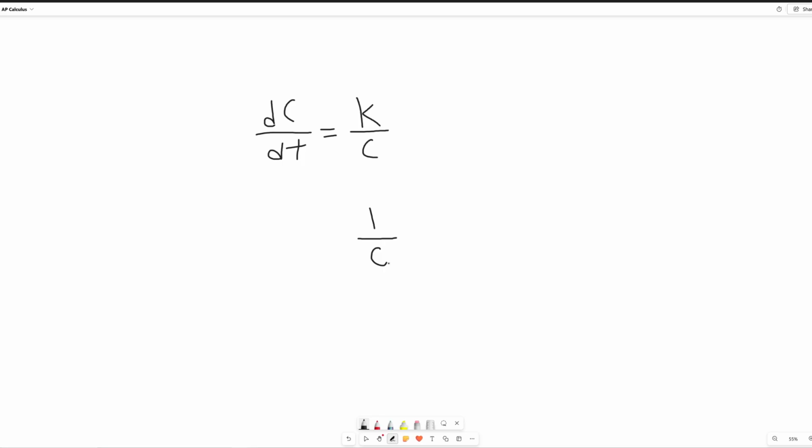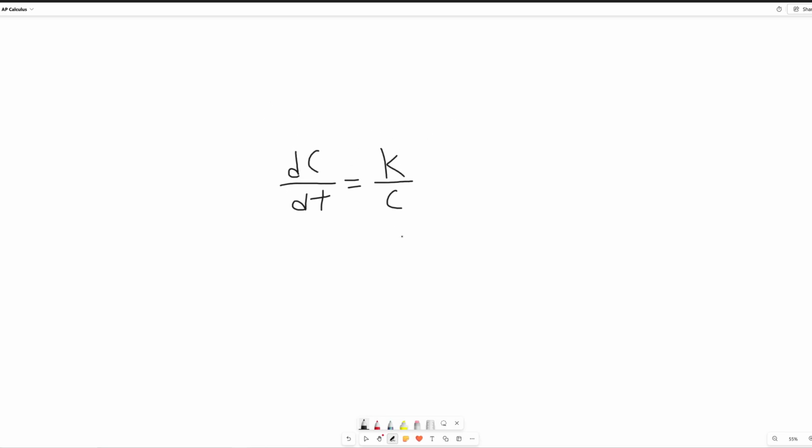So if you had it inversely proportional, you put your proportionality constant, and then inversely means that you have it over the variable. And it can get more complicated than this, but it doesn't get that much more complicated, if that makes sense.